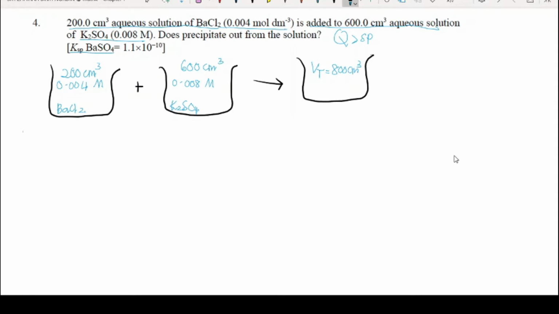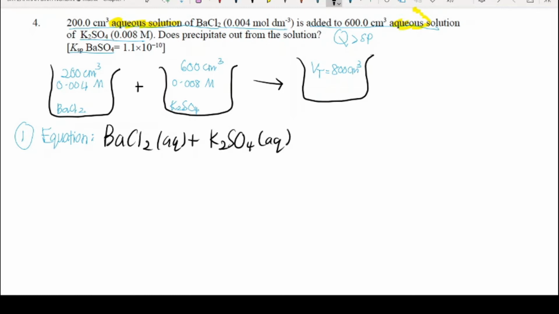So first step is to write the equation between both salts. Sorry, the question already mentioned that it is in aqueous solution. So BaCl2 will react with K2SO4 to form BaSO4 solid plus KCl.